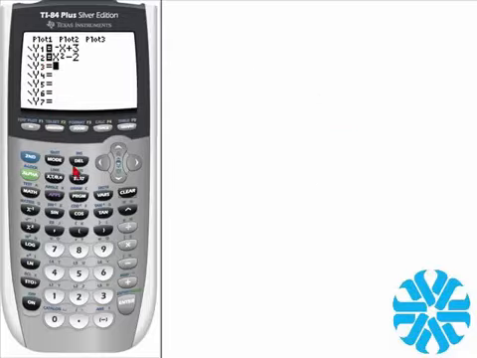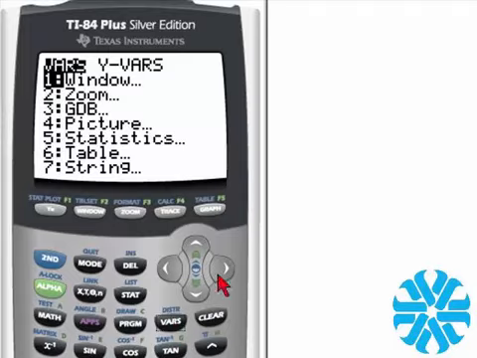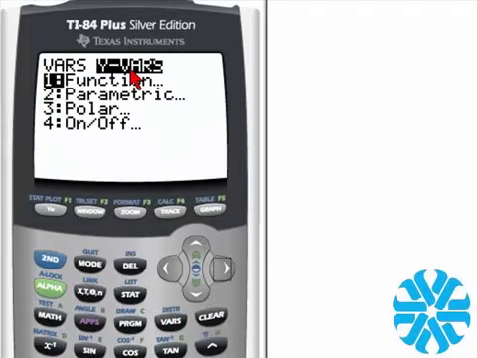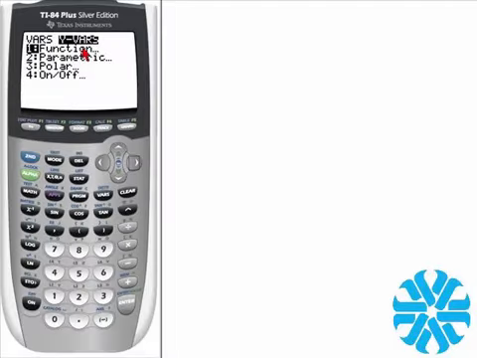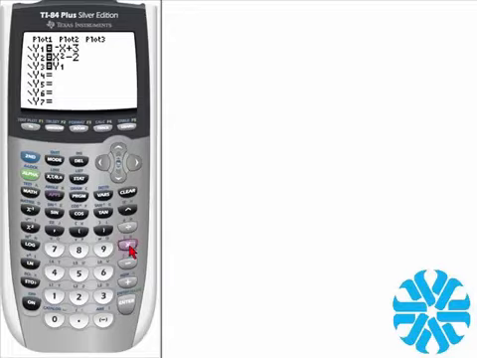So an easy way to do that is you go to vars, and then you move the cursor over to yvars. Then you hit enter to get the function. And then we want y1, so we just hit enter. Okay, then remember it puts in y1. Now we want the product, so we put the multiplication symbol in there.